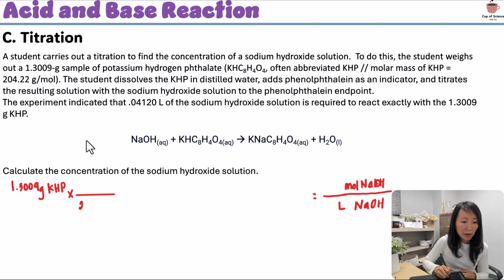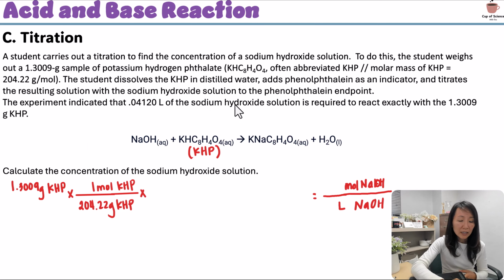So this is my third step where we put all of these together, grams of KHP. And that's every 1 mole of KHP. Now, somehow we need moles of NaOH, right? So we need to switch that, so we get the mole to mole ratio in this balanced equation.